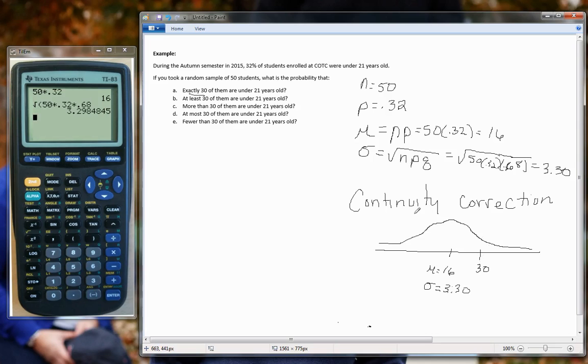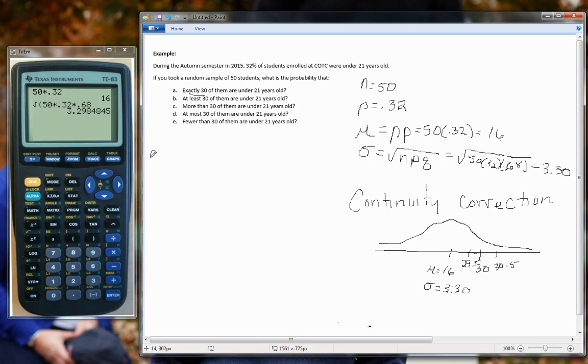Now, for our continuity correction, we're going to subtract 0.5, which would give us 29.5, and we're going to add 0.5, 30.5. We're going to use these 0.5 values, halfway between our next value down and up, 29 or 31. When we do this, we're kind of splitting the difference between 30 and the other discrete values on either side.